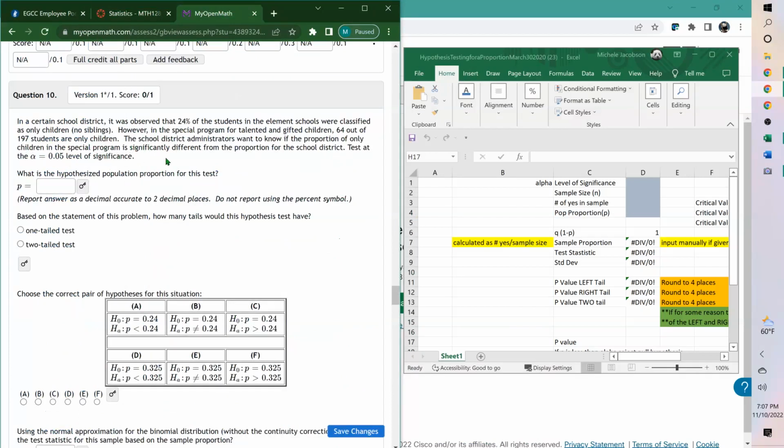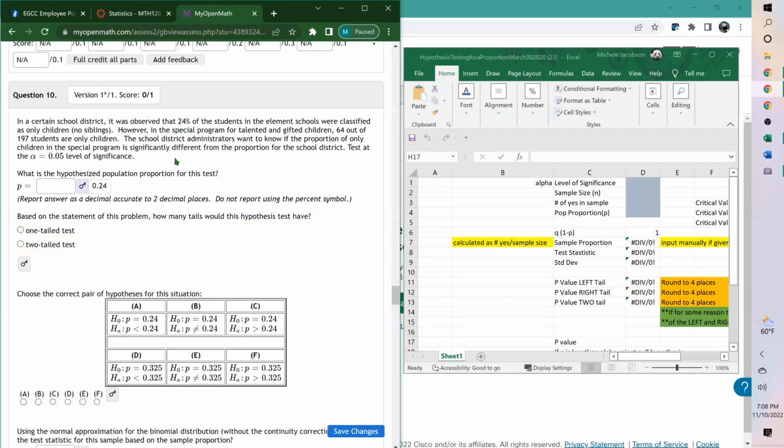School district administration wanted to know if the proportion for children in special programs is significantly different from the proportion of the school district. Test at alpha equaling 0.05. What is the hypothesis for the population proportion? So the hypothesis was the 24%, written as a decimal because they observed 24%.